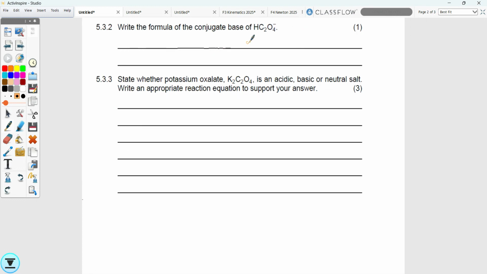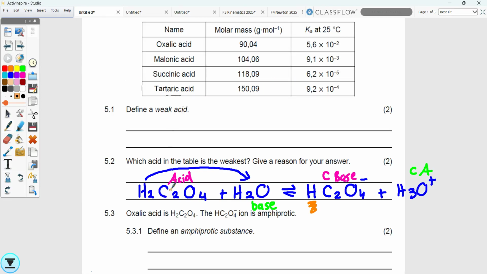The next question says, write the formula of the conjugate base of that. Of that ion. Yes. Now be careful. Okay, this reaction that I wrote here is to form this. Where do the conjugates sit? On the left or the right?